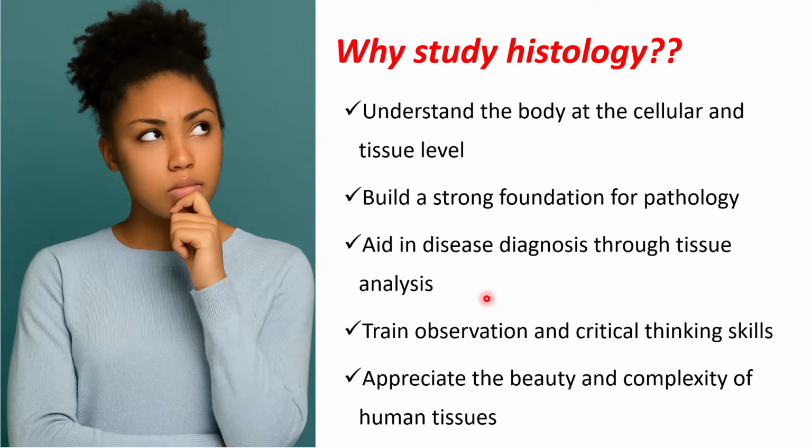Studying it microscopically helps you to appreciate how various complex processes happen and how they provide energy, provide movements, and things that maybe you didn't know about. So it will help you to appreciate the beauty and the complexity of human tissues.